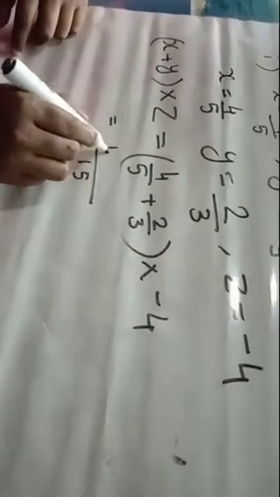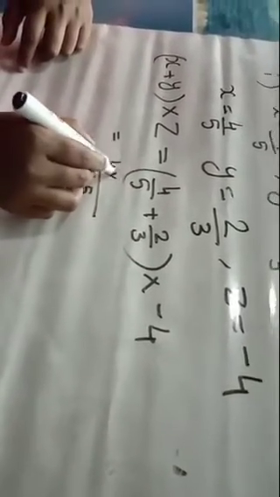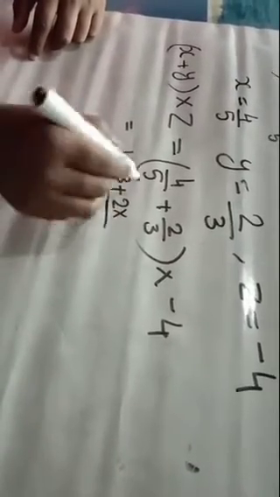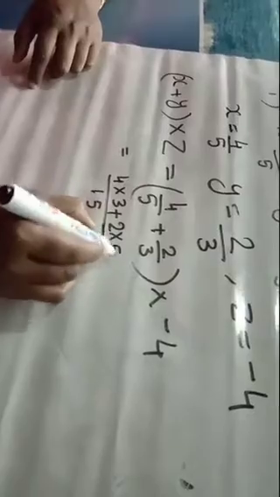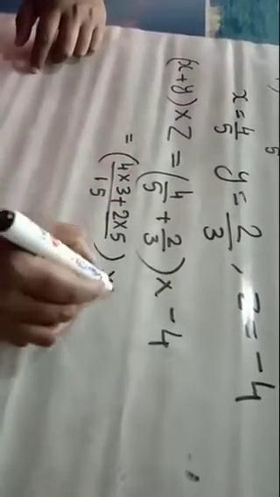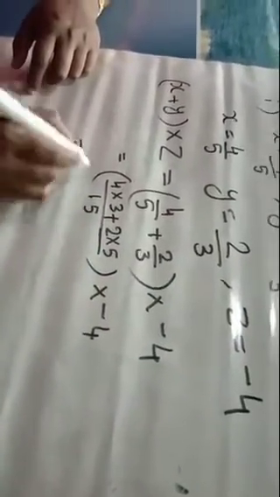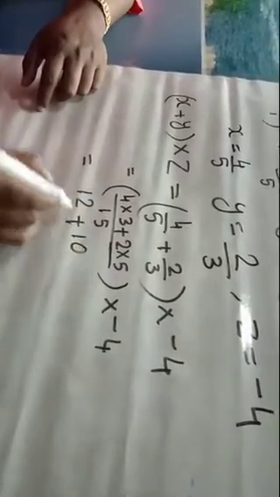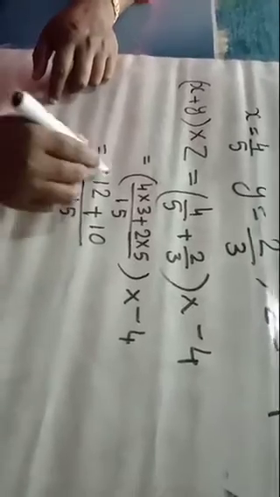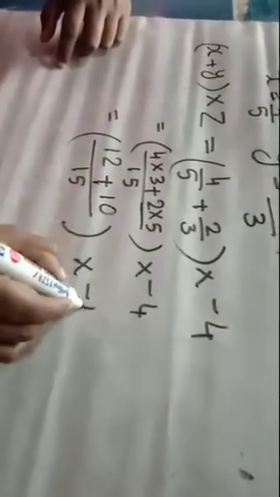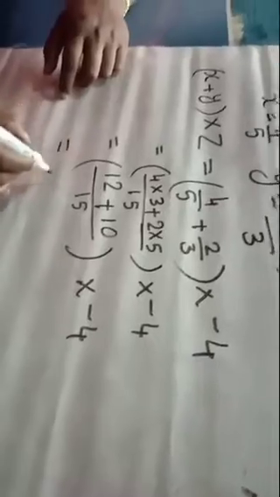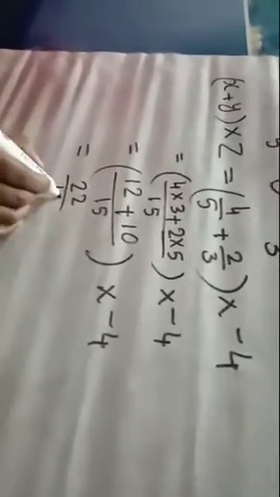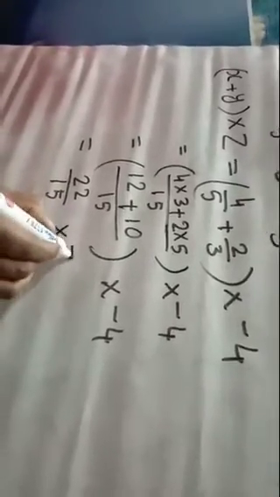Now cross multiply: 5 into 3 is 15, so 4 into 3 plus 2 into 5. 4 threes are 12, 5 twos are 10, so 12 plus 10 is 22 by 15, into negative 4.